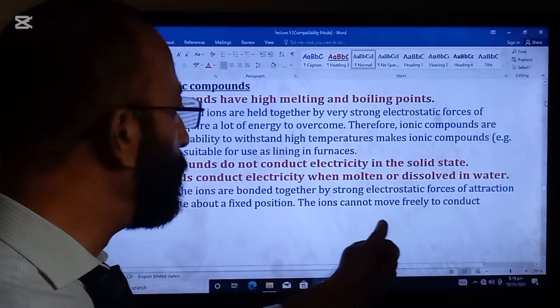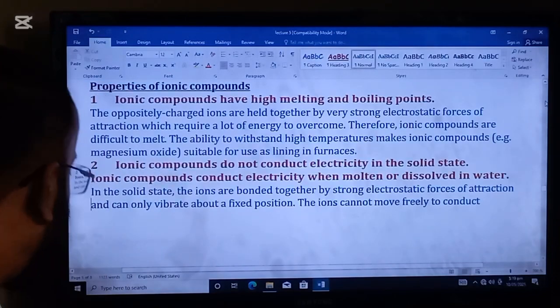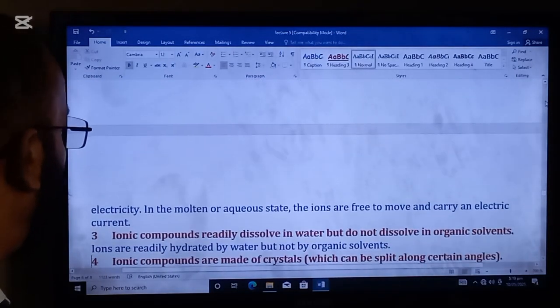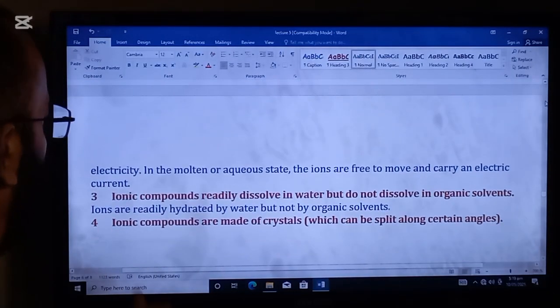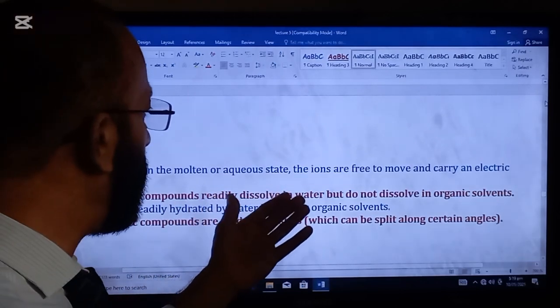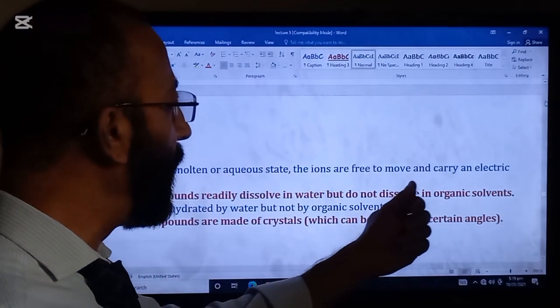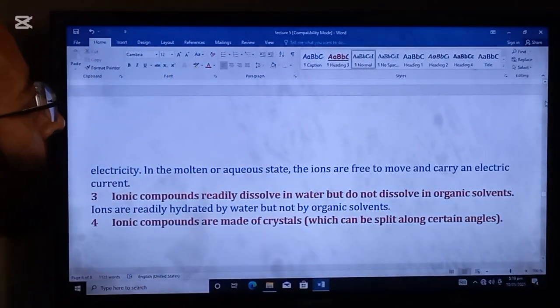The ions cannot move freely to conduct electricity. In the molten or aqueous state, the ions are free to move and carry an electric current.